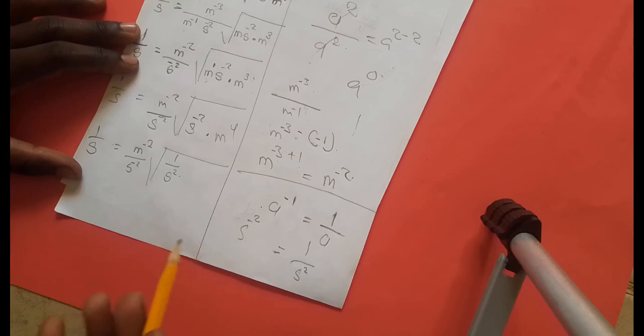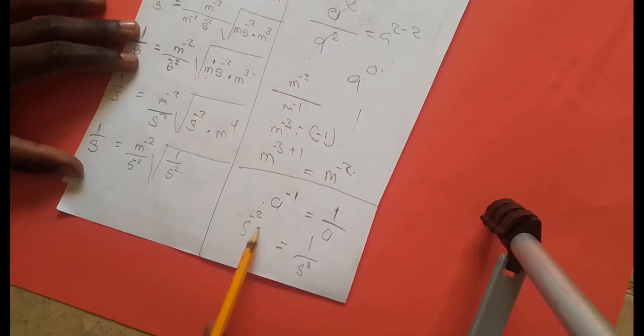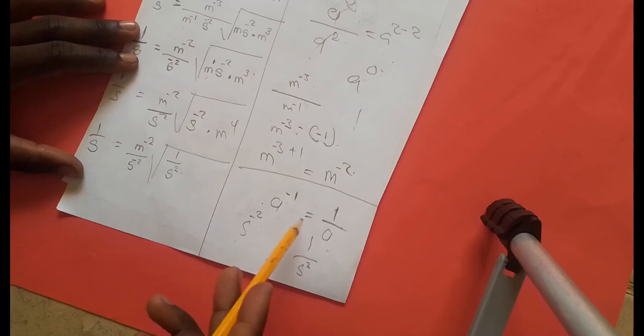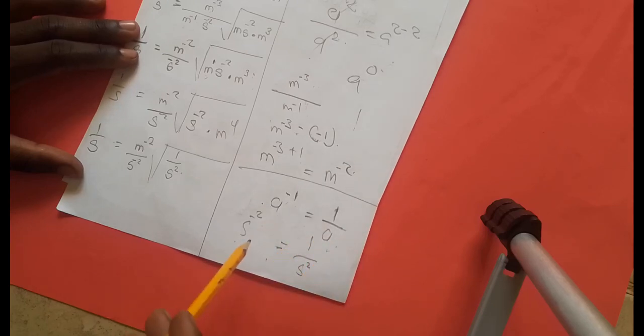To remove a negative, you just put it under 1, right? For instance, I've already told you that s to the power negative 2 is equal to 1 over s to the power 2. A to the power negative 1, to simplify it further, is equal to 1 over a.